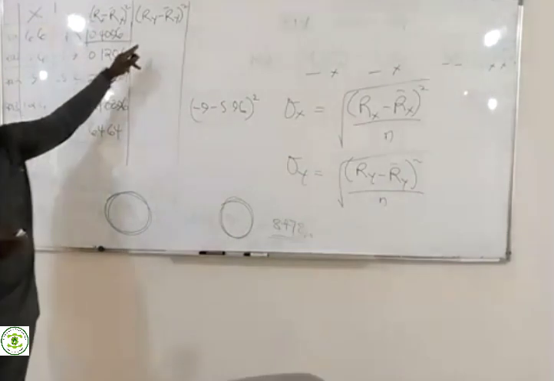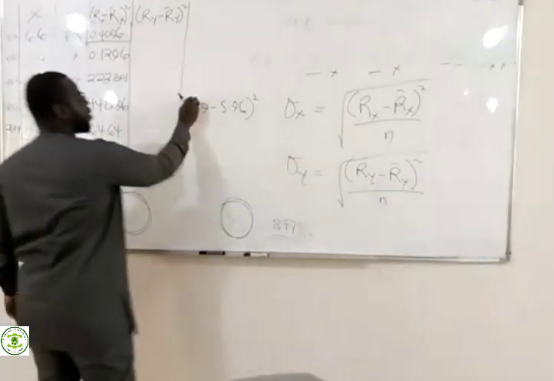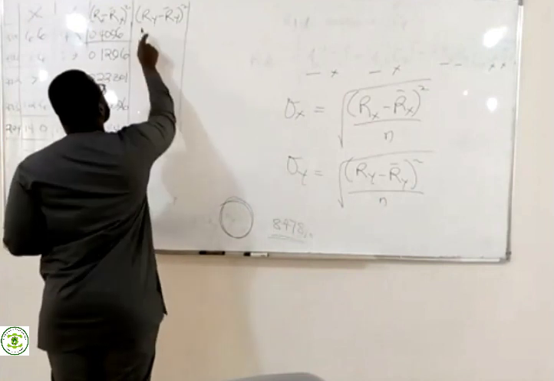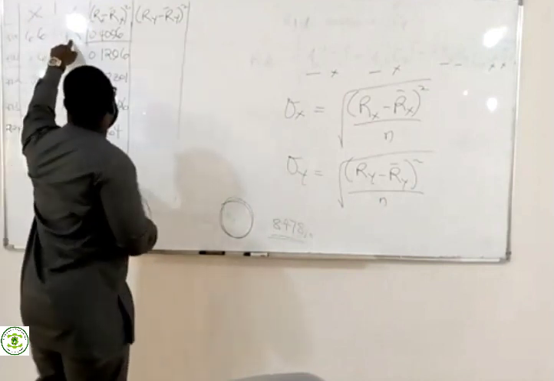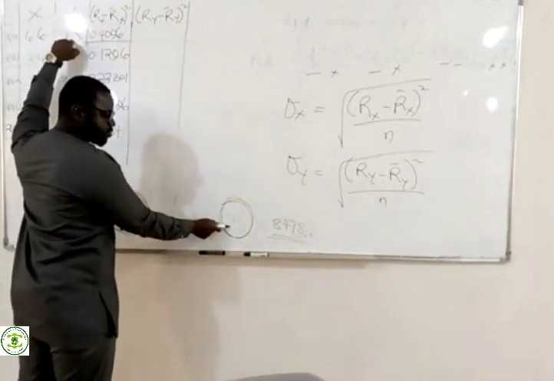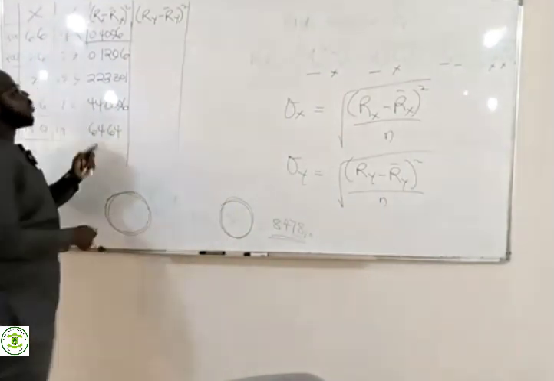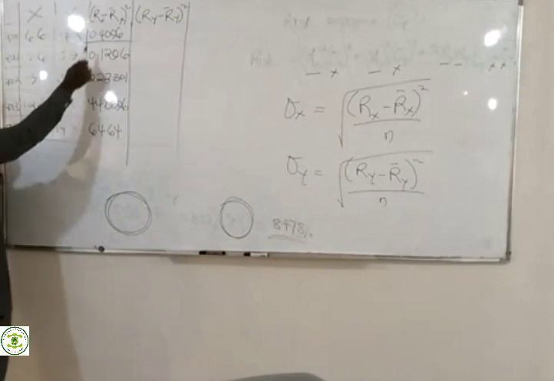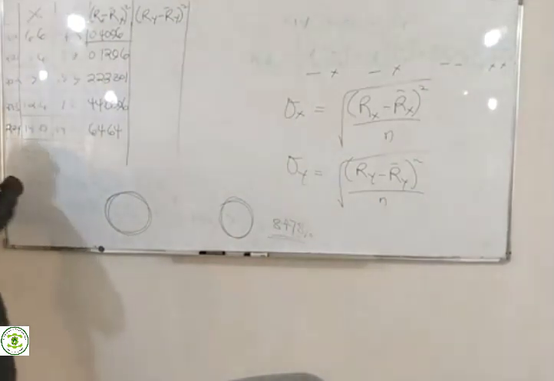So let's do the other one. The Y. So here will be 24.5 minus 9.1 raised to the power 2. Whilst he's doing that, someone should be summing. Let's make the work easier for us.